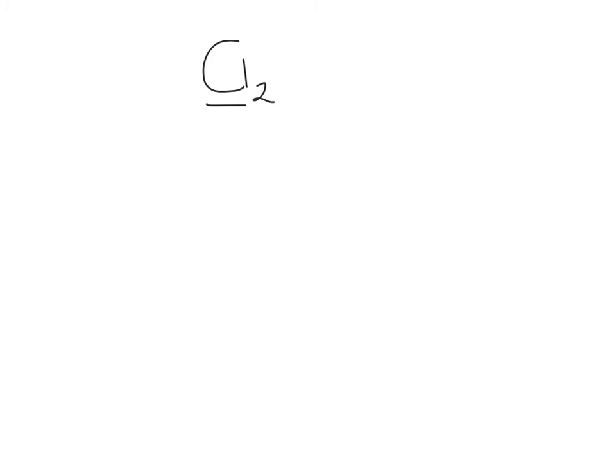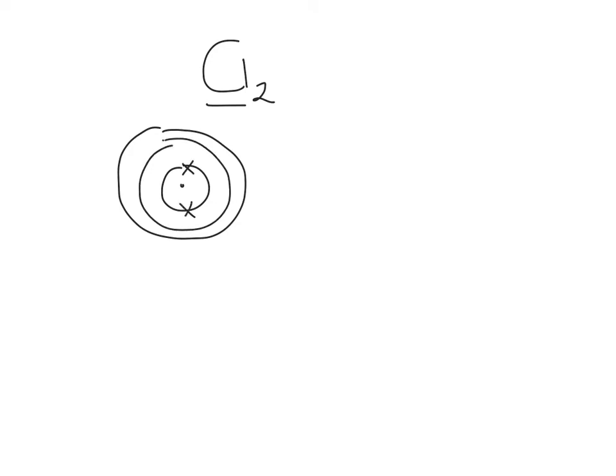Now if I were to draw out an atom of chlorine, and I'm only going to draw 1 atom of chlorine, we'll remember from class that chlorine's atomic number is 17. So therefore an atom of chlorine will have 2 electrons in the first shell, 8 electrons in the second shell, leaving 7 electrons for the outer shell.